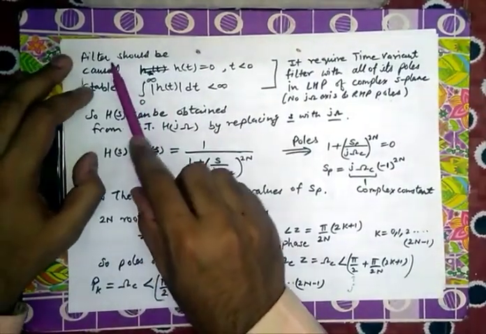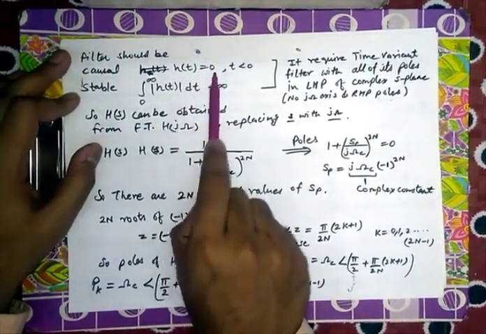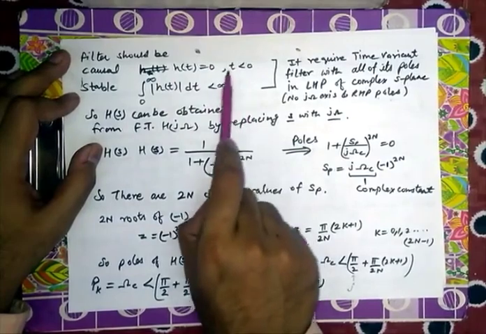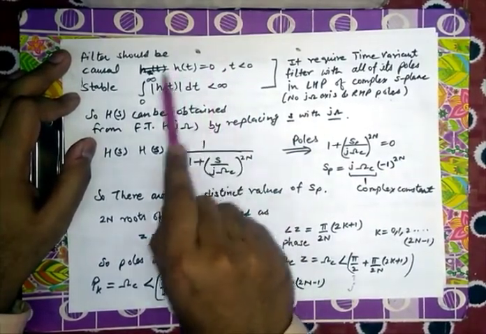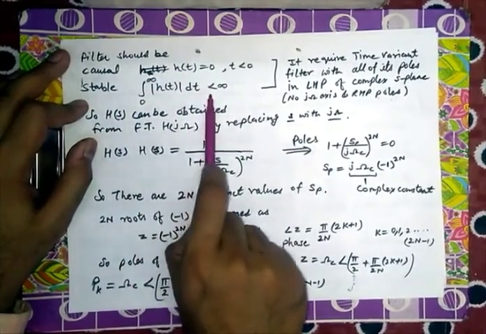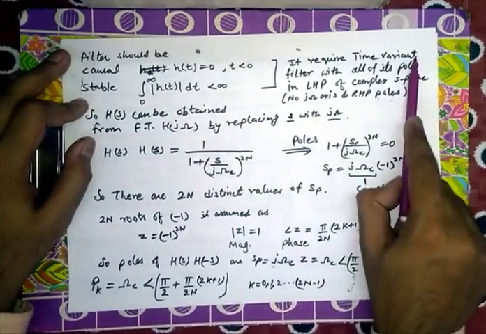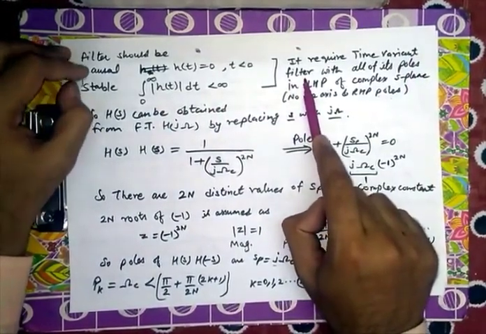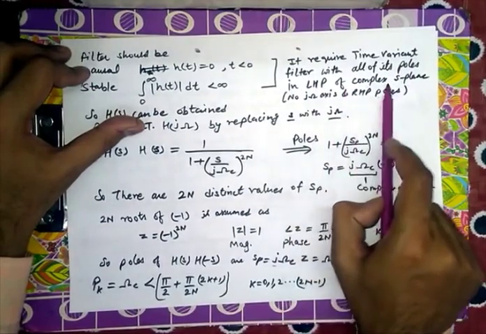The second quality the filter must have is that it should be causal. Causal means it has h of t equal to 0 for negative values of time. It should not respond when time is negative. It should also be stable, that is, less than infinite value for all values. It requires a time-invariant filter with all of its poles in the left half of the complex S plane.